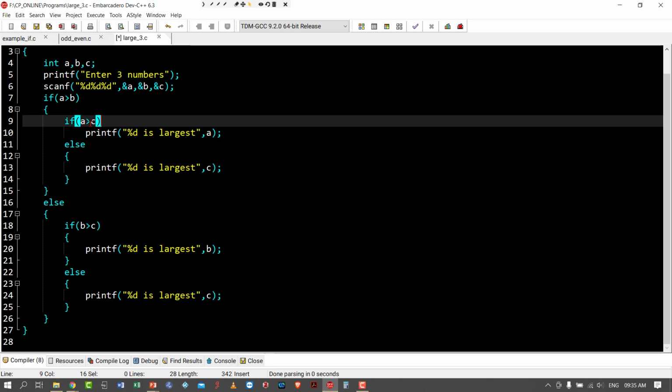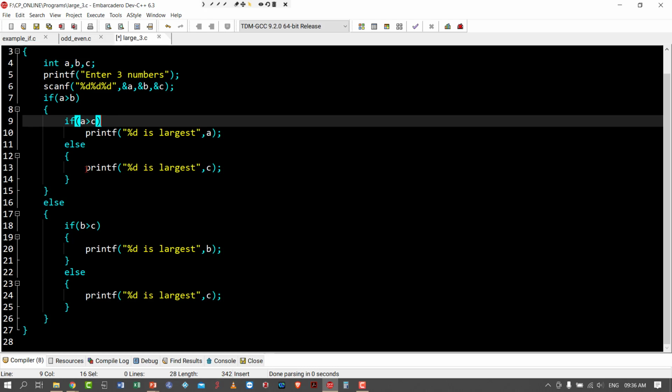If there is more than one statement, you must put that bracket. If it is only one statement, no need to put that braces. It is not mandatory. Even if you put some braces, it is correct. Even if you didn't put some braces, it is also correct. Only if it contains only one statement.